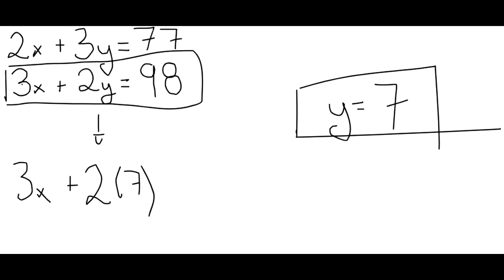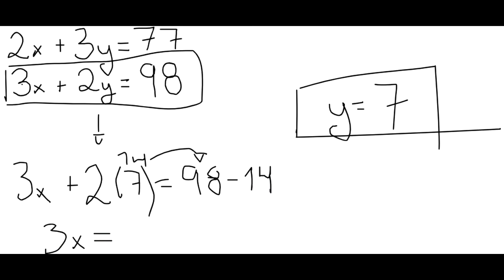Sorry, I thought it was negative. And 98. Well, this is 14. And remember that it passes, but it's positive, so it passes like negative. And now we have it like this: 3x equals 98 minus 14, 84, so sorry.